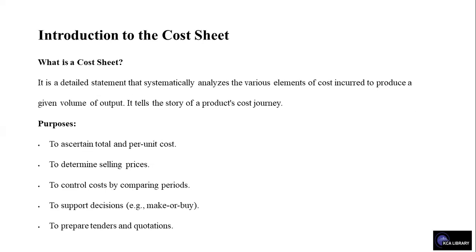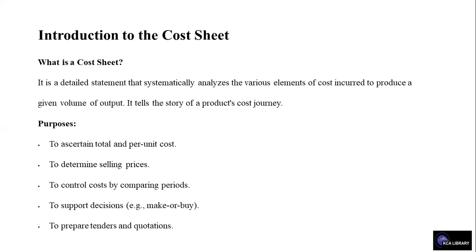Looking at cost sheet, what is a cost sheet? It is a detailed statement that systematically analyzes the various elements of cost which are incurred to produce a given volume of output, and it tells the story of a product's cost journey.